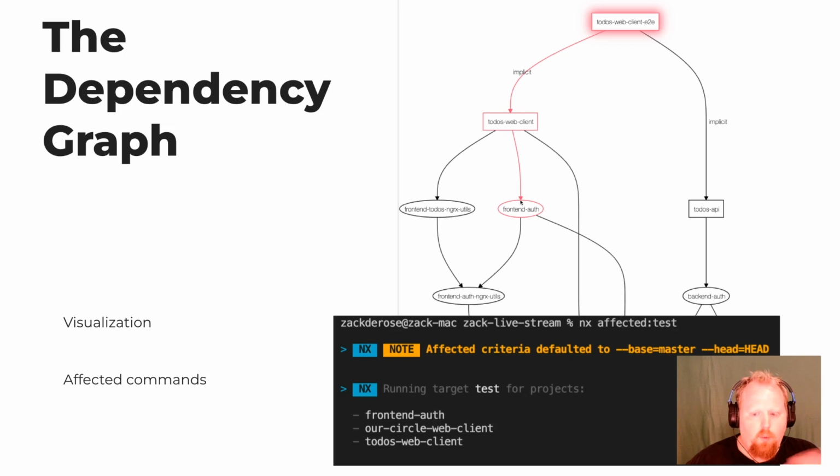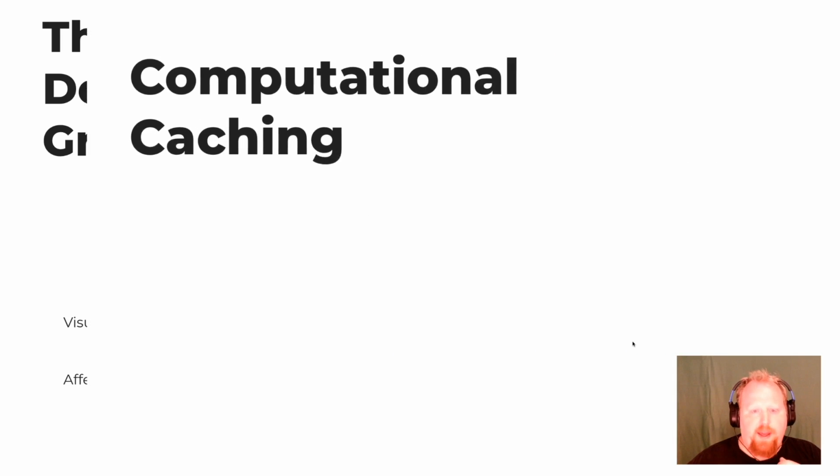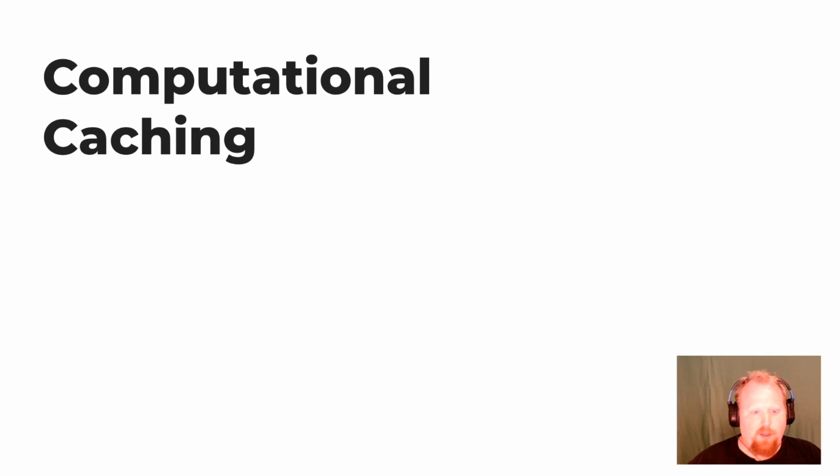So we only need to test or build the projects that are actually affected by the changes we make, which leads to really cool performance improvements in terms of your CI pipeline or just your local working pipeline. You don't need to remember which libs you have to make sure you test before you PR this. You can just run nx affected:test and make sure they all pass, without testing the whole world.